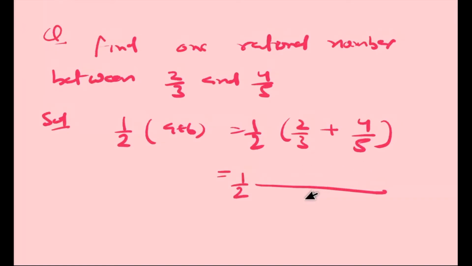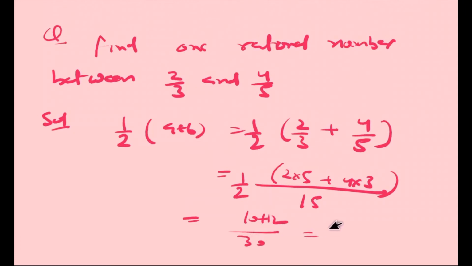Take the LCM of 3 and 5, that is 15. 5 into 2 is 10, plus 4 into 3 is 12, upon 15, that is 22 upon 30. We can simplify to 11 upon 15. This is your answer. This way you can find one rational number using the formula half of (a plus b).